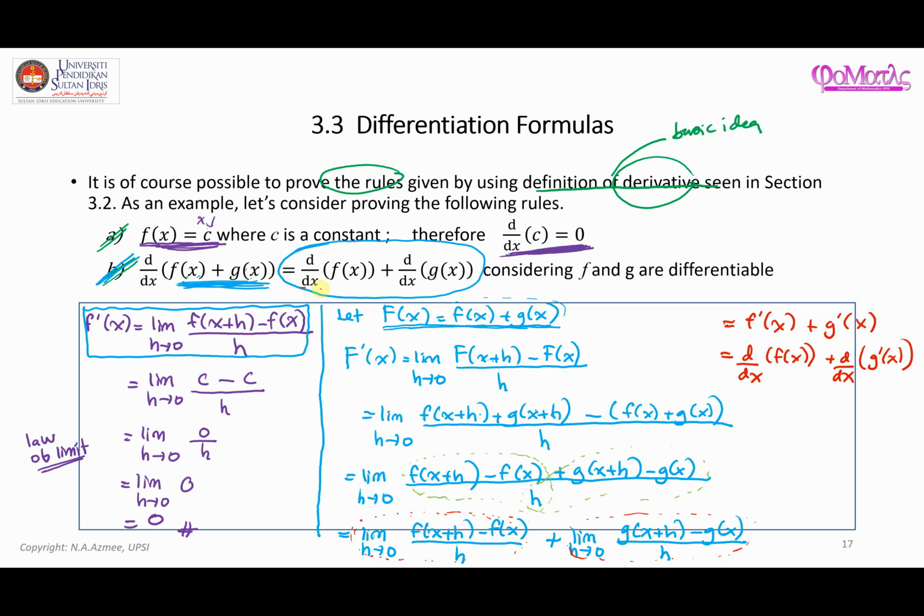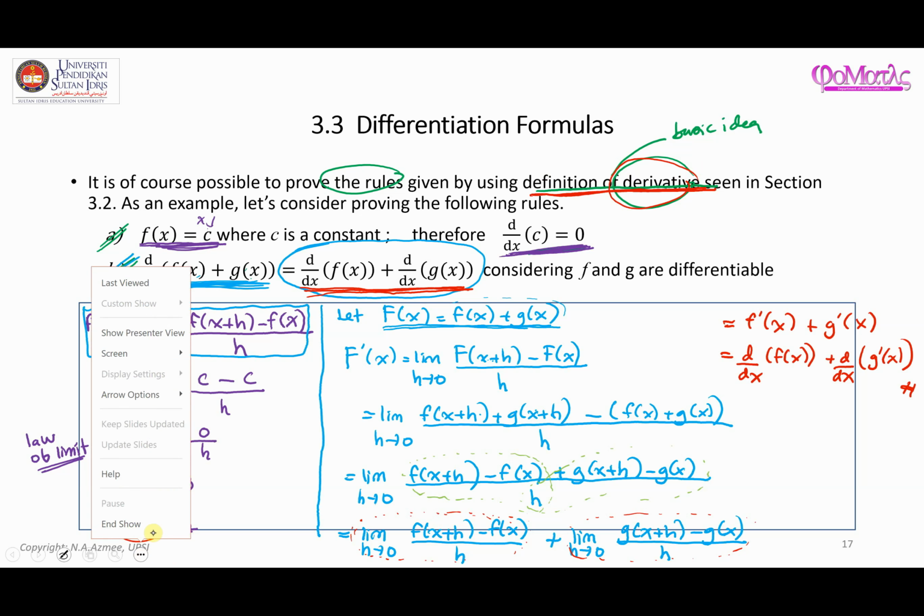So this is the result given by rule number 4. And there you go, you have been able to prove using the definition of derivative that when you apply the idea of limits, you will get this answer here. So the rules come from applying the definition of derivative that has something to do with implementing the idea of limits. Okay, that's all for now. Thank you very much for watching.